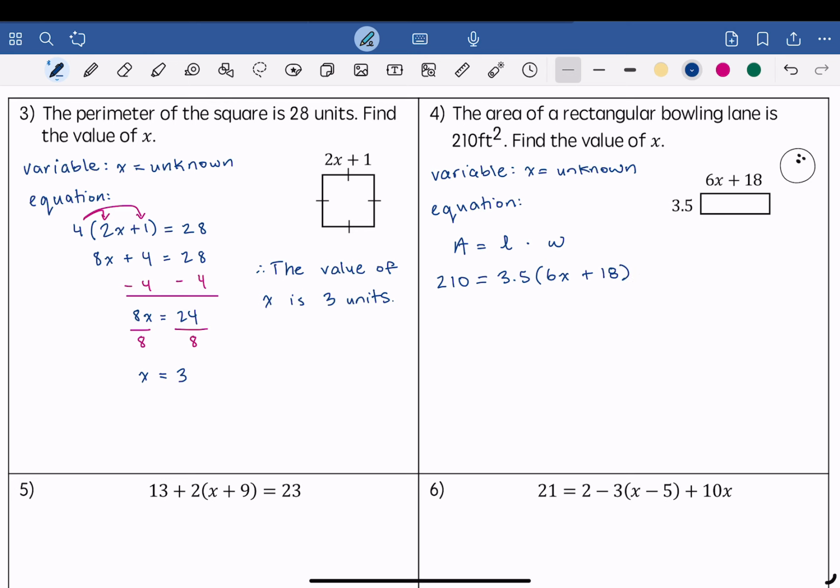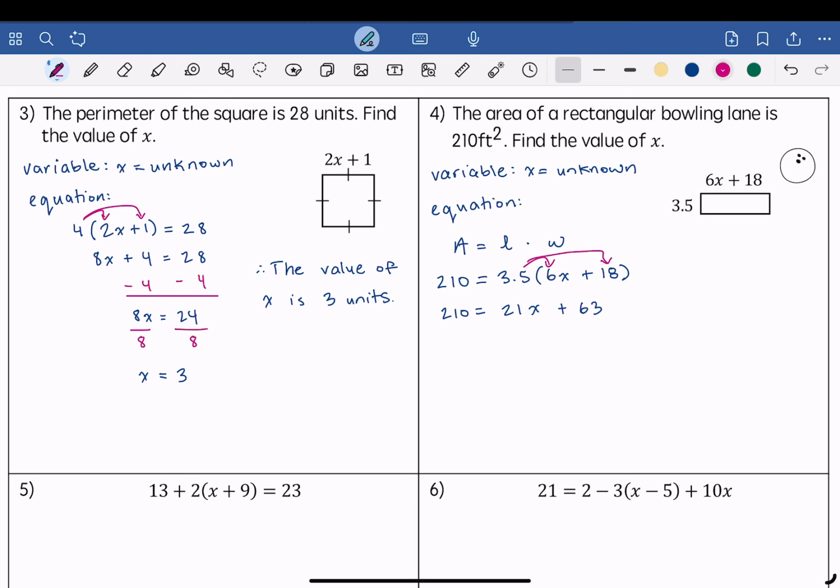So now I'm going to solve for the x variable, and because there's parentheses on the right side, I'm going to apply the distributive property to eliminate the parentheses. So now I have 210 is equal to 3.5 times 6x, which is 21x, and then 3.5 times positive 18 is positive 63.